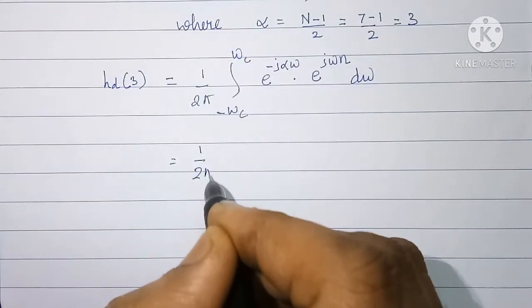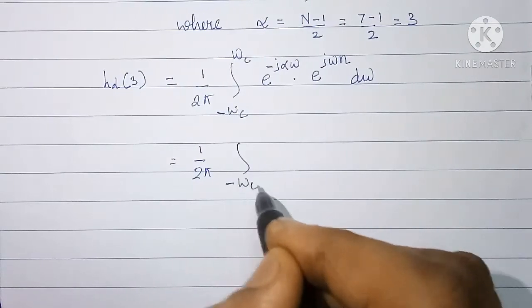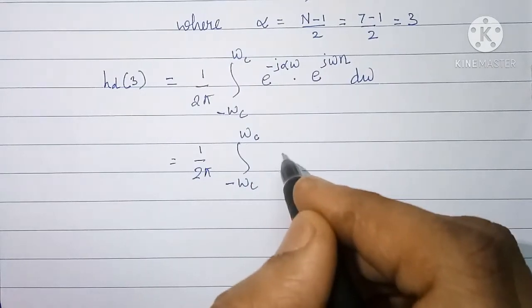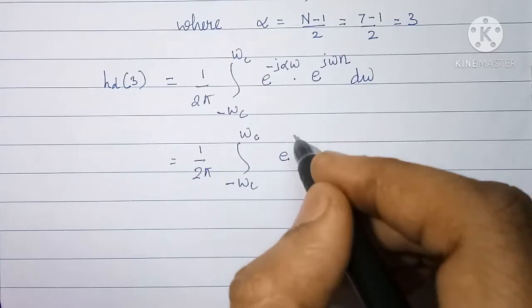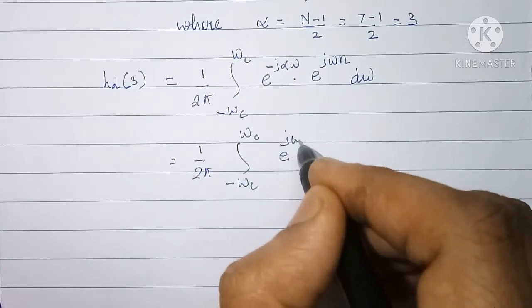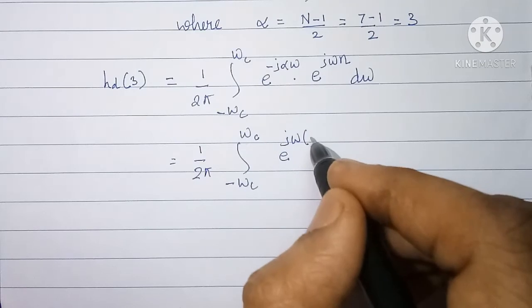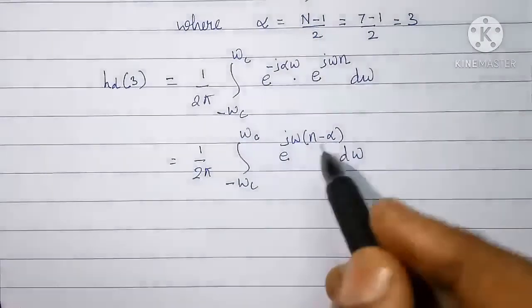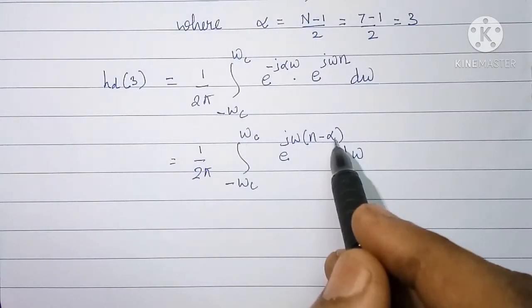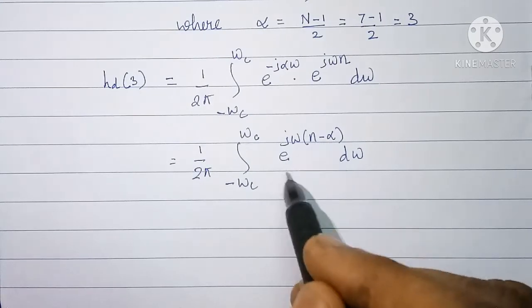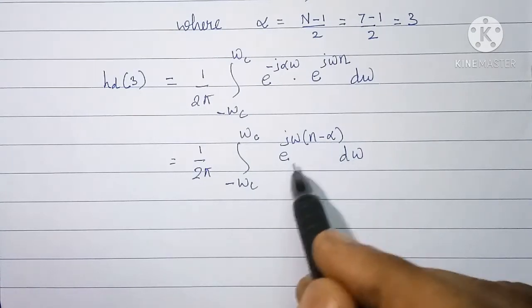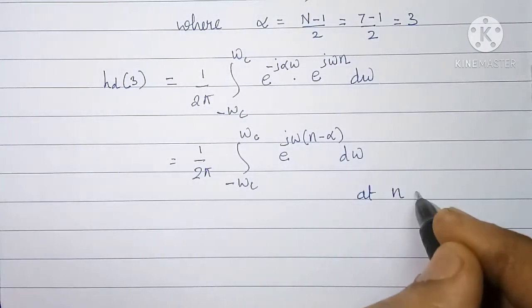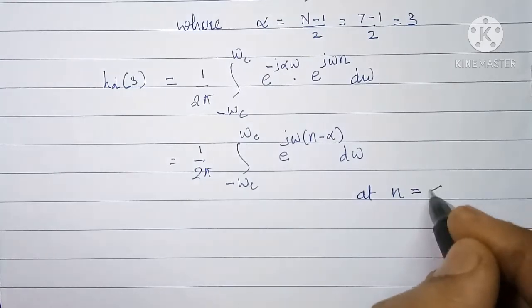So 1 by 2 pi, minus omega c to plus omega c. If we multiply these two, we get e raised to j omega into the bracket n minus alpha d omega. And if I substitute for n equal to alpha, this exponent value will become equal to 1 at n equal to alpha.